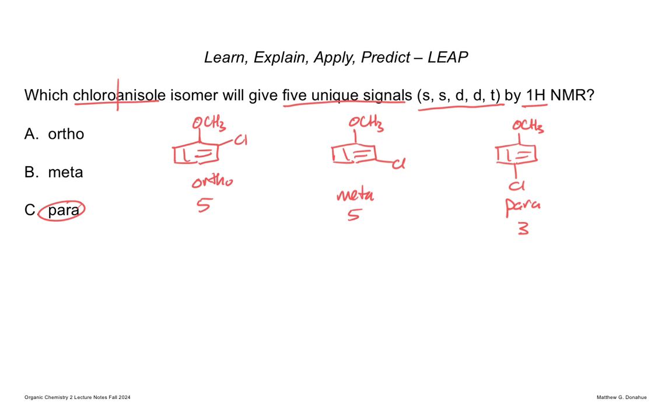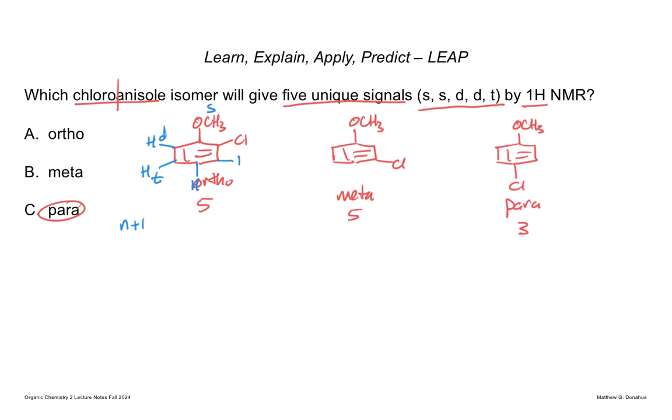We have a methyl group. That's going to be a singlet. This hydrogen has 1 neighbor, so it's going to be a doublet. So we're using that n+1 rule. The next hydrogen has 2 neighbors, so it's going to be a triplet.